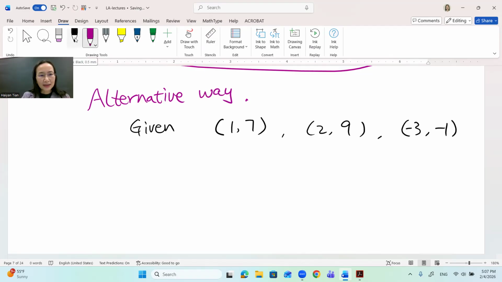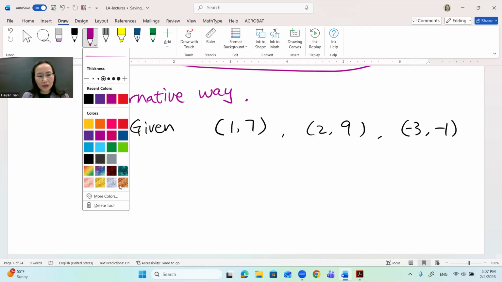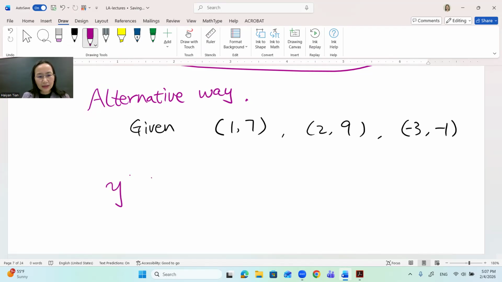We can write the line in the slope-intercept form, if you feel more familiar with it. We can assume the straight line equation is in this form. So what we're trying to determine is the slope and y-intercept. You see, this time we have 2 unknowns.